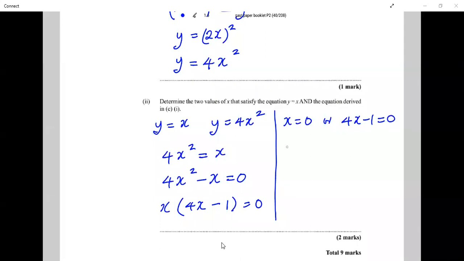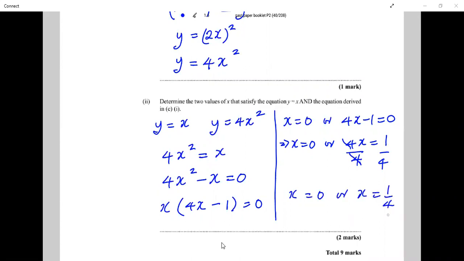So therefore, x is equal to 0, or 4x is equal to positive 1. Divide both sides by 4, and we get x is equal to 0, or x is equal to a quarter.